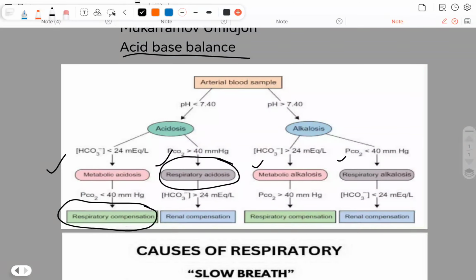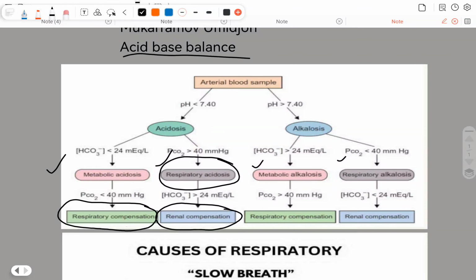Carbon dioxide is the precursor gas for carbonic acid, so there is a correlation between a high amount of carbon dioxide and a high amount of hydrogen ions in our body. In this situation, another organ tries to help eliminate the acid from the body. That's renal compensation.